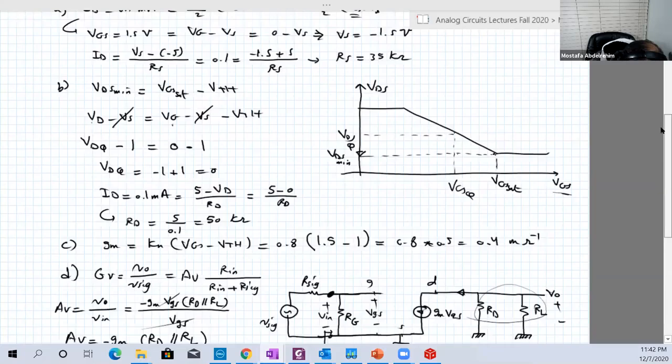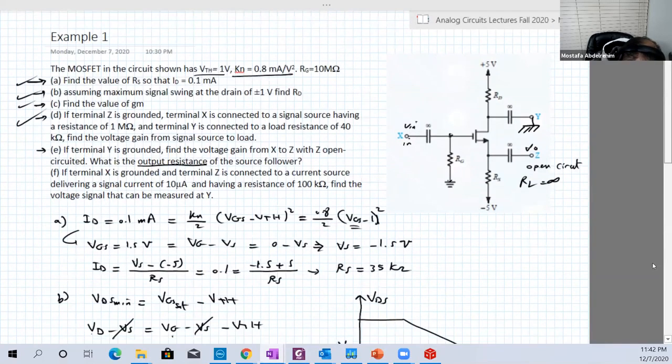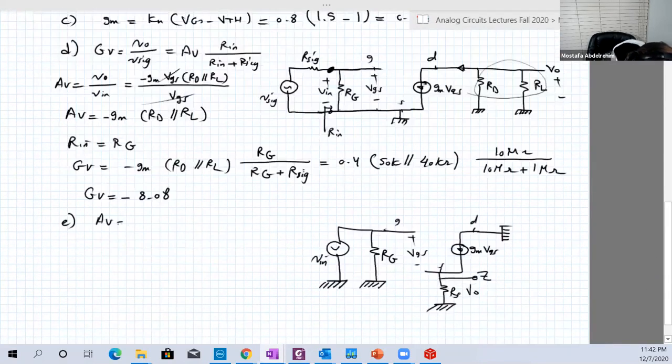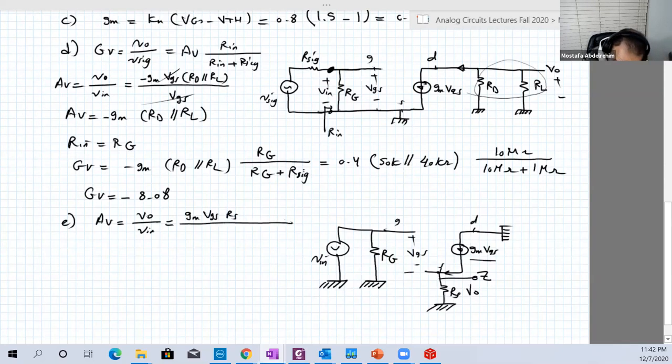So what is required here is a voltage gain. So AV, V output over V input. Okay. V output is the voltage across RS, which is the current in RS multiplied by RS. The current in RS is actually GM VGS because it comes here at that node, here is open circuit, so all the current GM VGS will go to RS. So this is equal to GM VGS RS over the input. What's the input? Here is the input.